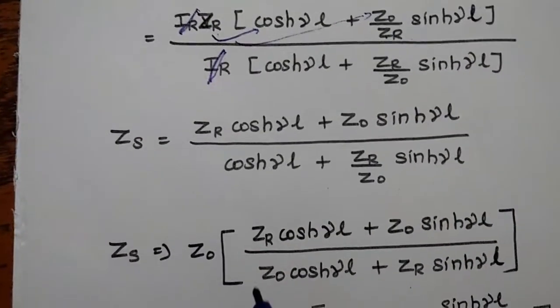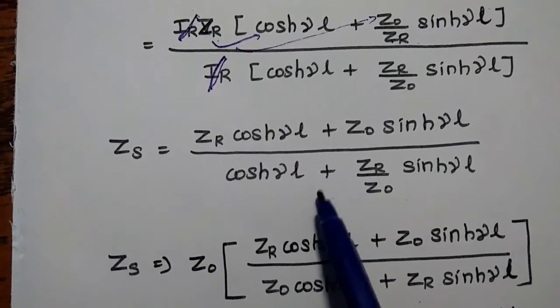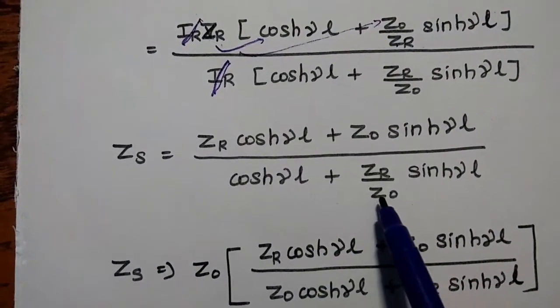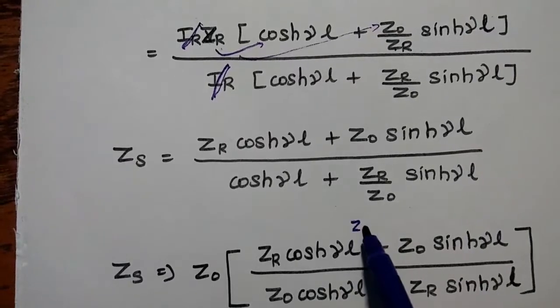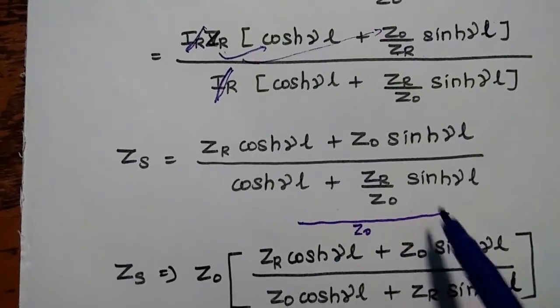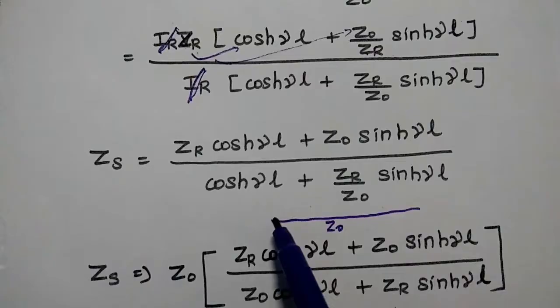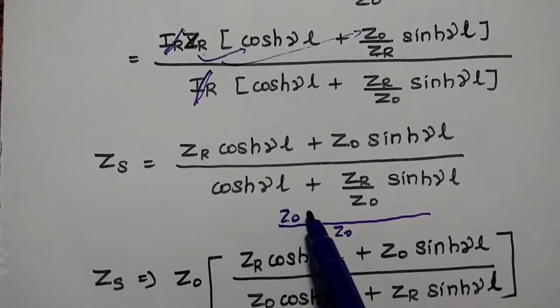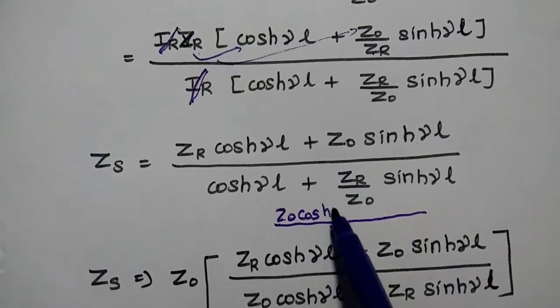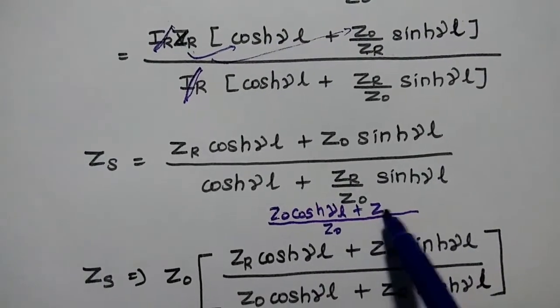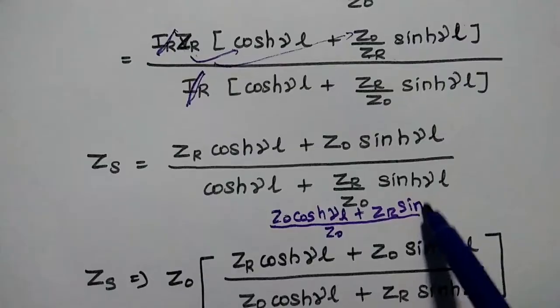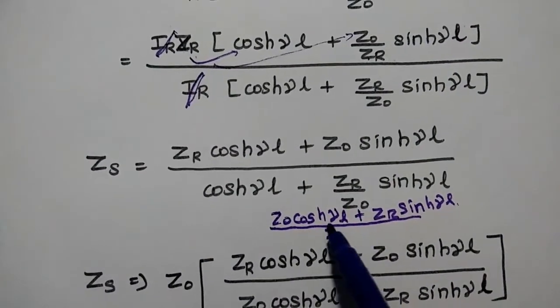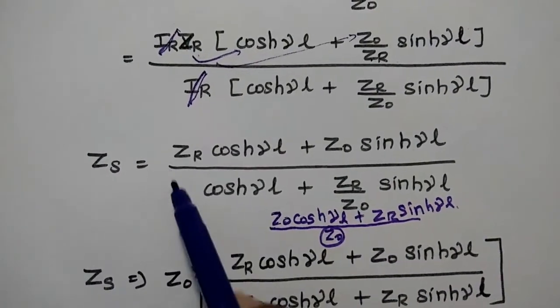So for further simplification, we are going to take this denominator like this. Take this Z0 as the LCM here. So this denominator becomes, if Z0 is common, Z0 cosh γL plus Zr sinh γL, and this Z0 goes to the numerator.